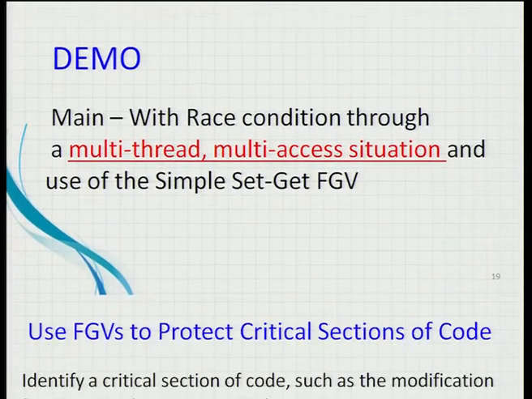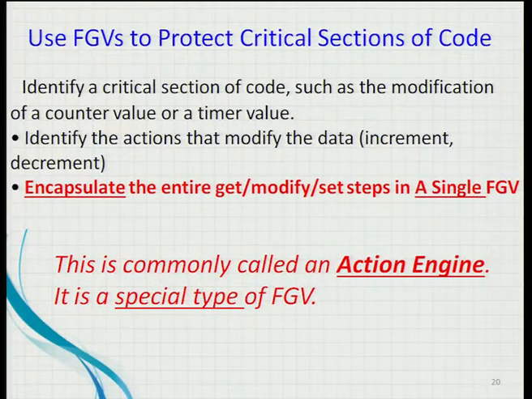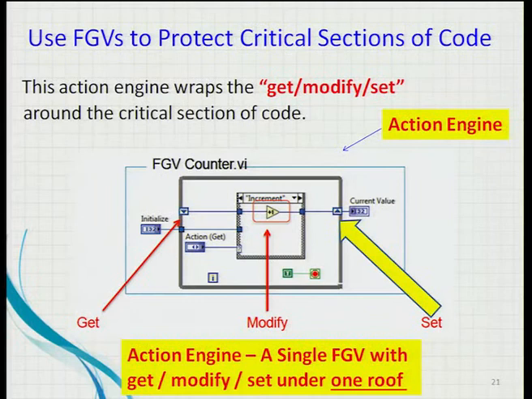Moving on. Now, the idea is to create this thing called the action engine, whereby you encapsulate all the methods entirely into a single FGV. If you need to modify, you set it all under one roof, called the action engine, as shown over here.